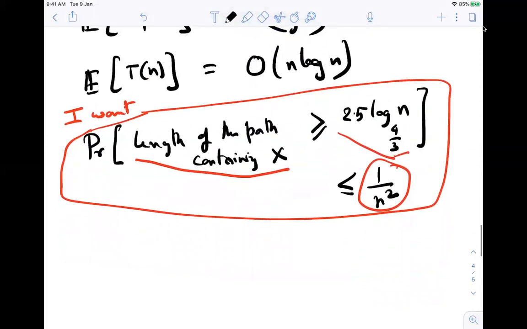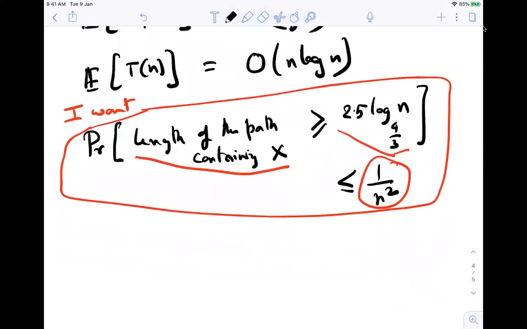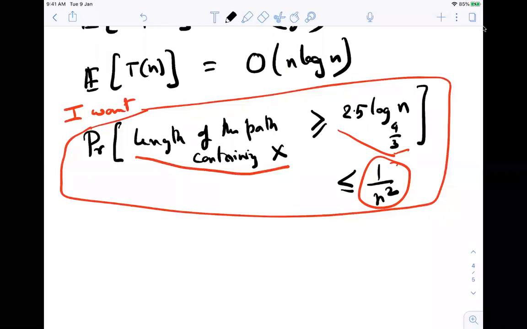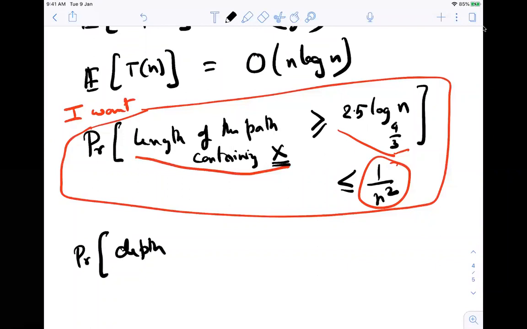But if we can prove it, then see, there are at most n of these x's, right? There are at most n of the x's. And in that case, we know that for every x, what is the probability? So then we can say that the probability that the depth, now depth is for all x, right?